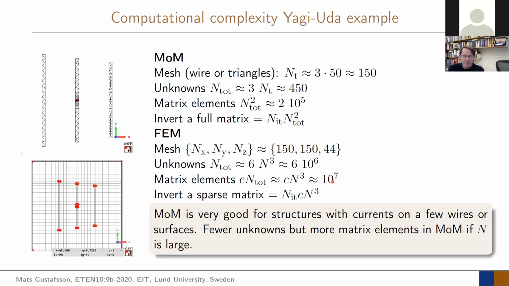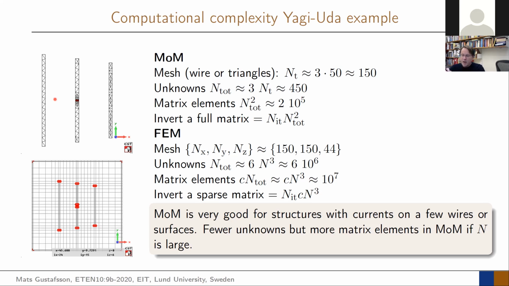But in general, this method that we've been using, this integral equation that you use in finite elements, it's very good for structures with currents on a few wires or surfaces. So typical antennas where you have, for example, a Yagi-Uda antenna here, there's only current here, here, here. There's no other currents. It makes very few unknowns.